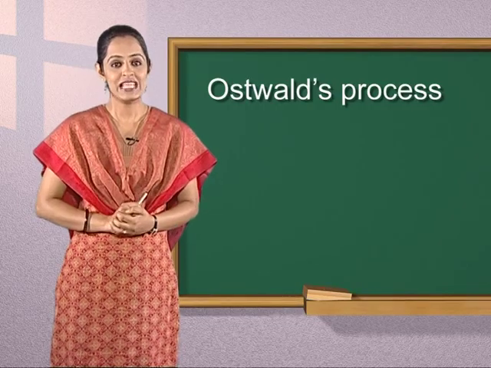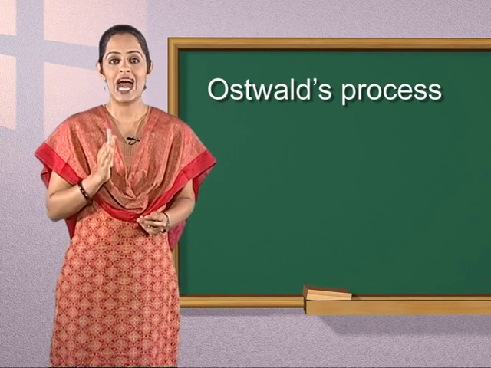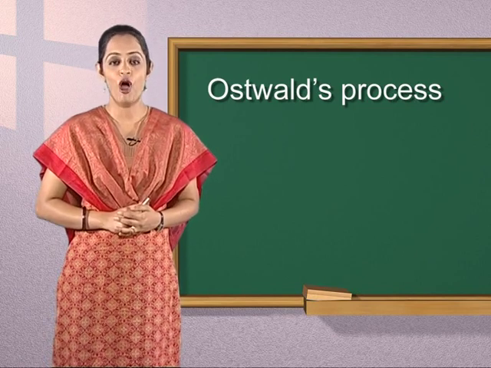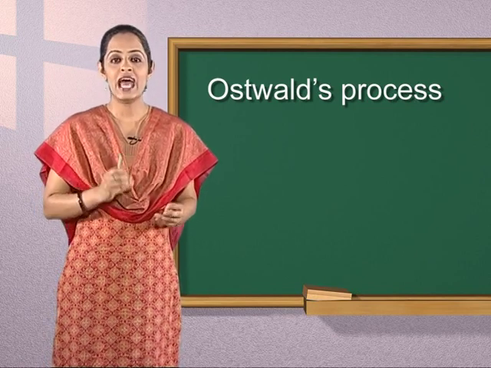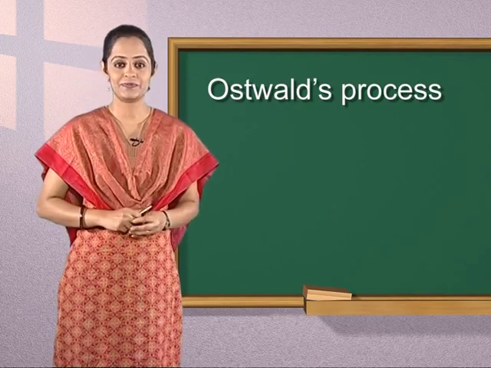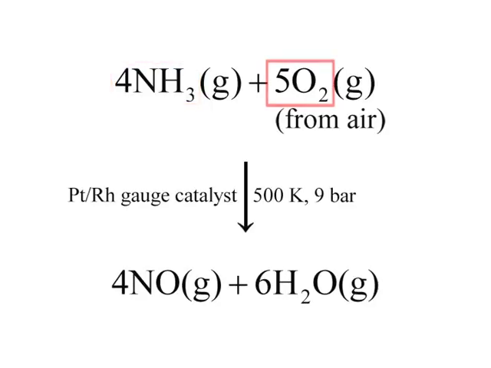This method is based upon the catalytic oxidation of ammonia by atmospheric oxygen. Ammonia reacts with oxygen in presence of platinum and rhodium gauze catalyst at 500 Kelvin and 9 bar atmospheric pressure to form nitric oxide and water.